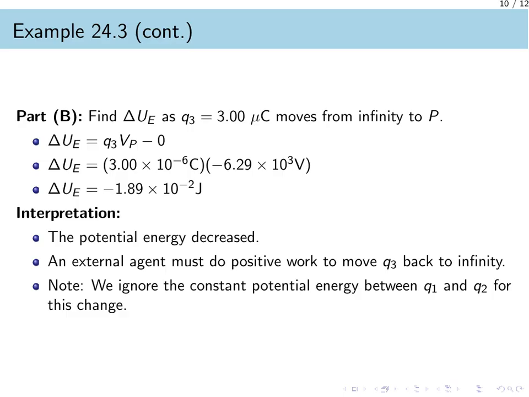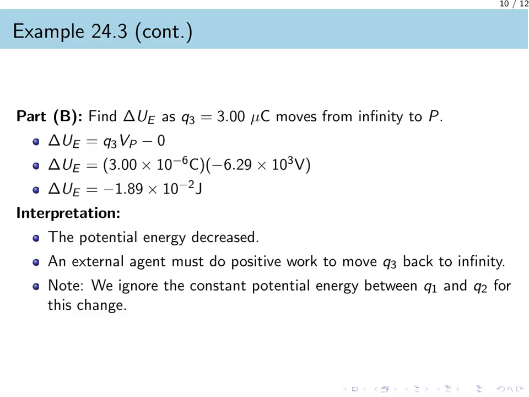In the second part of this example, we want to find the change in electric potential energy when a third charge of positive 3 microcoulombs moves from infinity to point P. The change in potential energy is simply this third charge multiplied by the potential at point P that we just calculated.